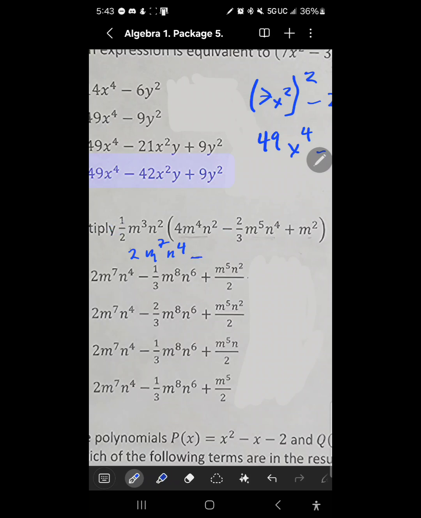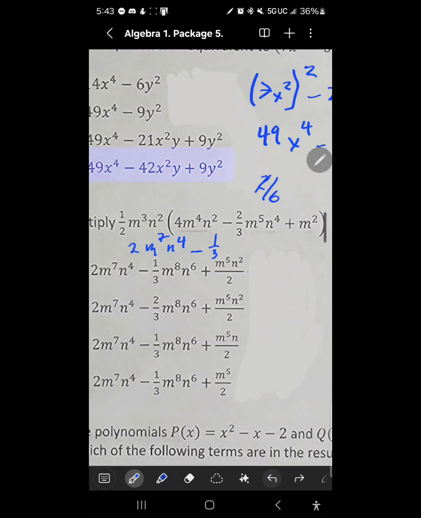And we say 1 times 2 is 2, 2 times 3 is 6, so 2 over 6, which is the same as 1 over 3, because 2 divided by 2 is 1 and 6 divided by 2 is 3.